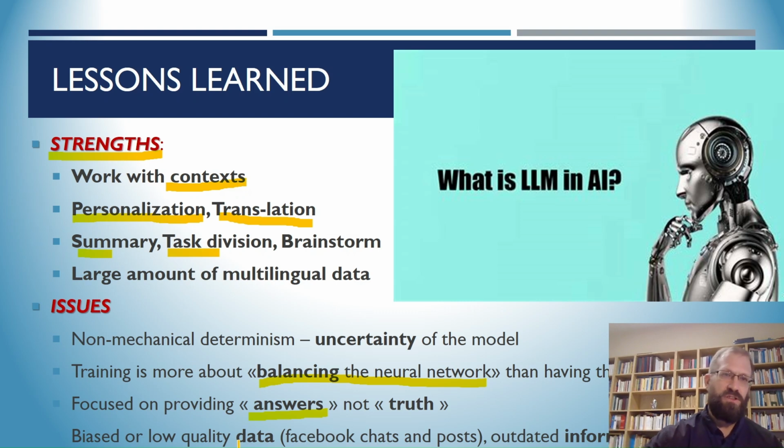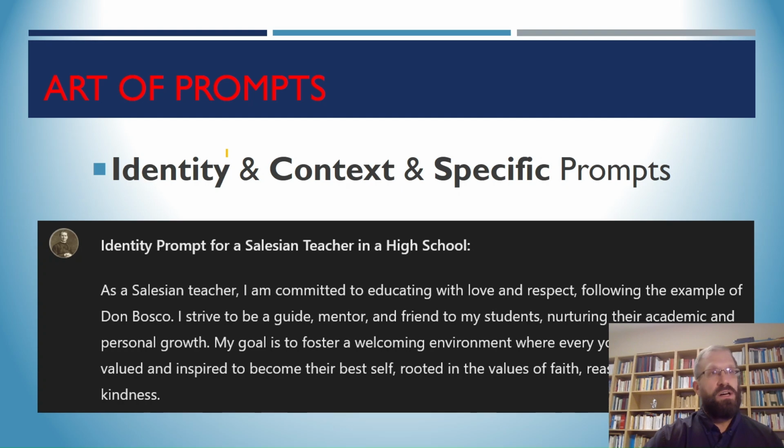So, LLMs, lessons learned: they work pretty well with context, with translations, with division and systematization of tasks and texts, summarizing, expanding, giving you examples and brainstorming. There is also the art of using an LLM, a prompt. In a very basic way, it's important, and you can have better results if you define the AI.